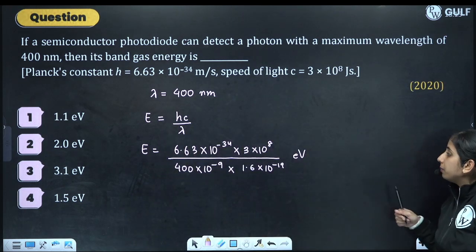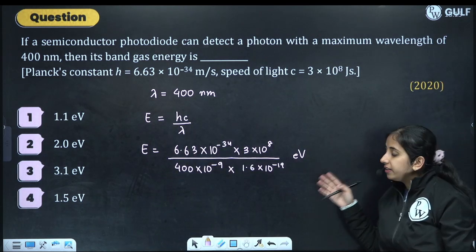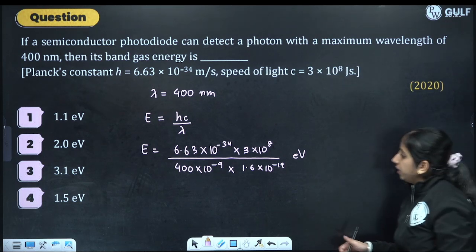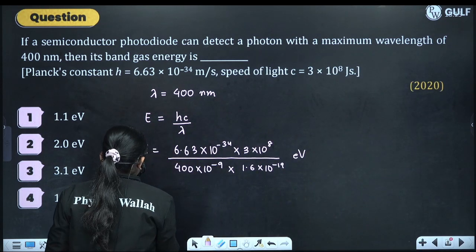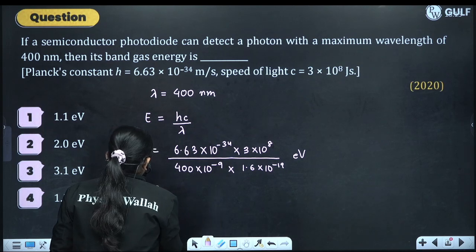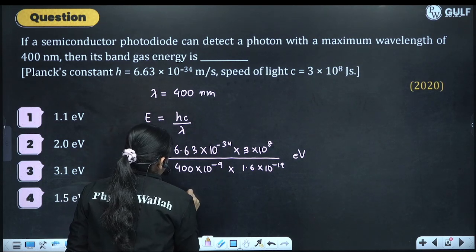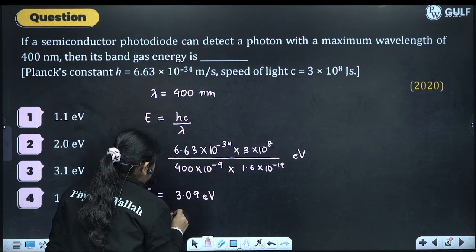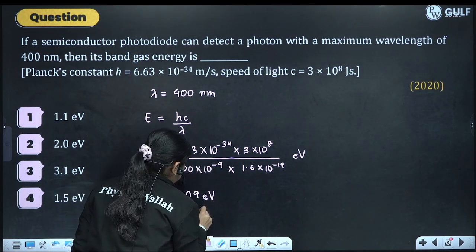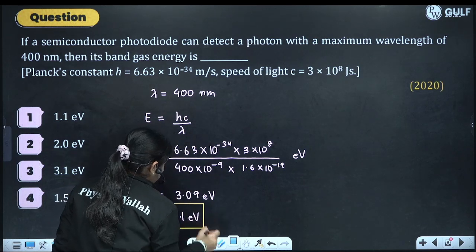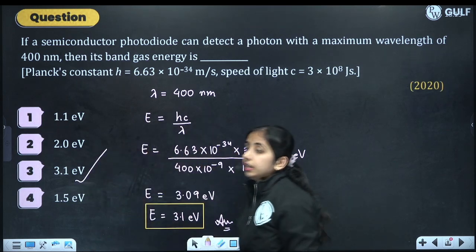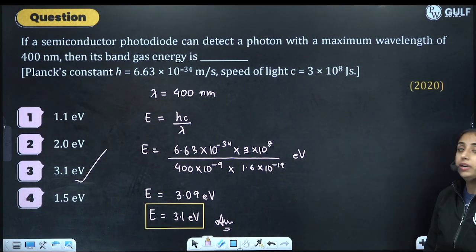So the result we get is 3.09 electron volt, which is approximately equal to 3.1 eV. So option number 3, 3.1 eV will be the answer.